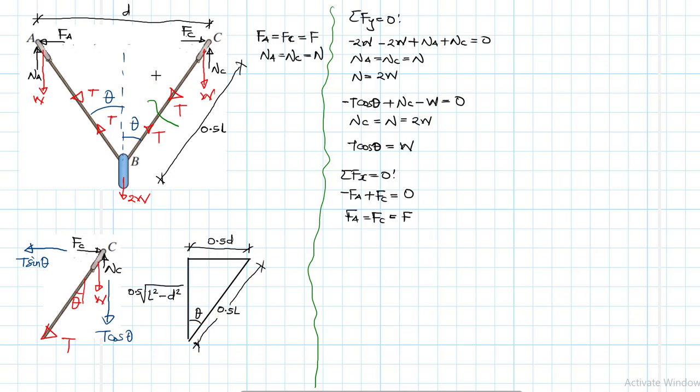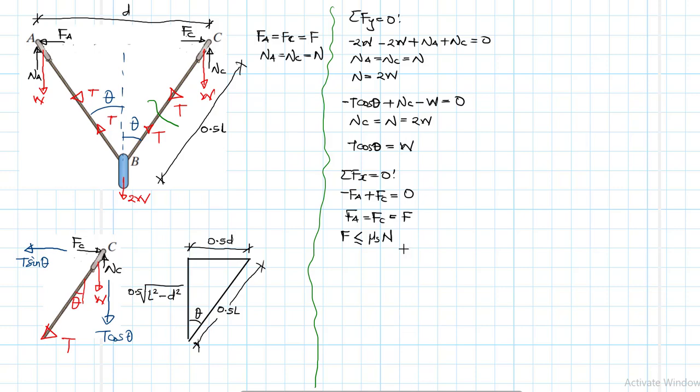And since we are on the very boundary, and we want to find the longest or the largest distance d, we are going to use the friction equation at the very edge, right? So we know that if we do not want slip to take place at A or C, F must be less than or equal to mu s times our n.